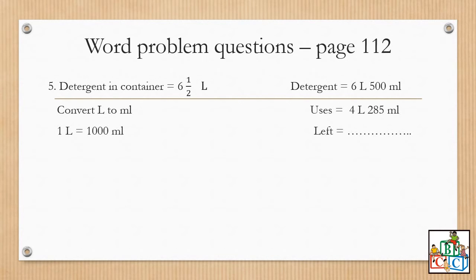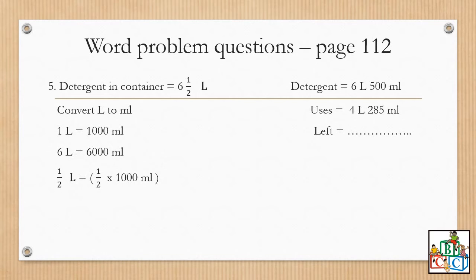So you're going to convert. As you all know, 1 liter goes to 1000 milliliters. 6 liters goes to 6000 milliliters. And what about the half liters? You have to know this by heart. Half liters goes to how much milliliters?